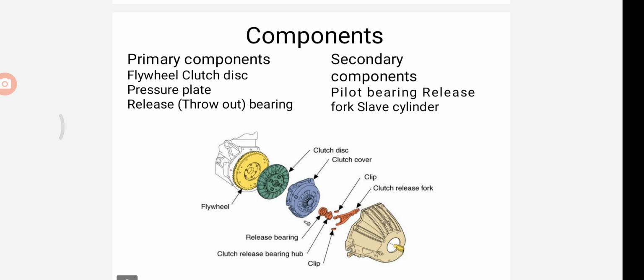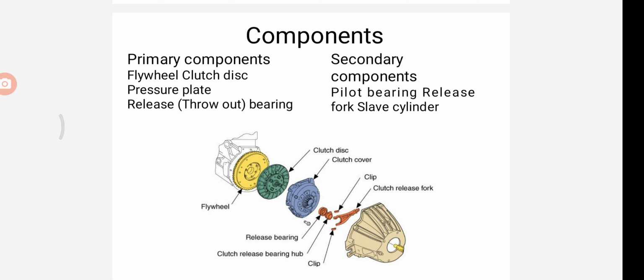Next we are going to see the components present in the clutch. The primary components are the flywheel, clutch disc, pressure plate and throwout bearing. The secondary components are the pilot bearing, release fork and slave cylinders.